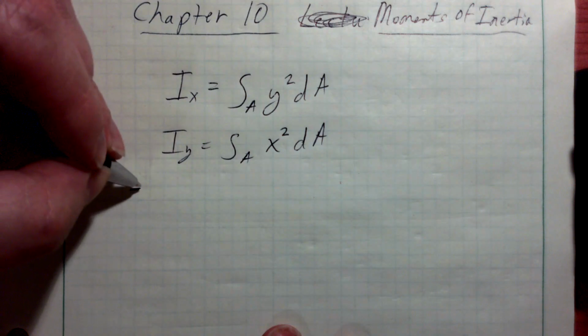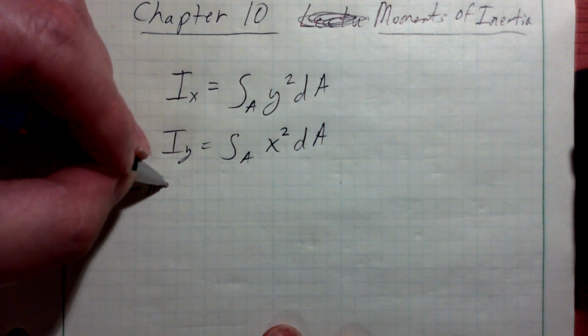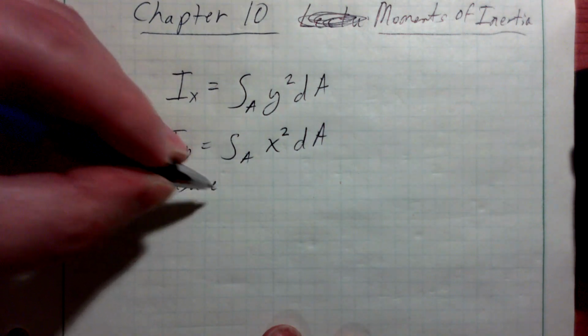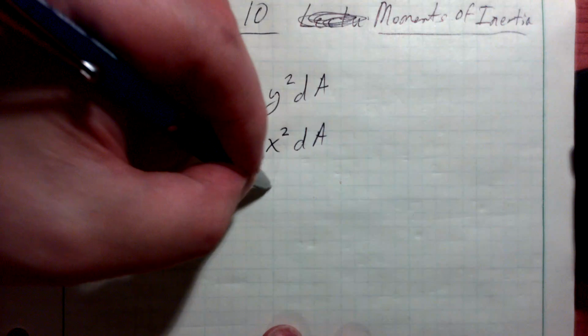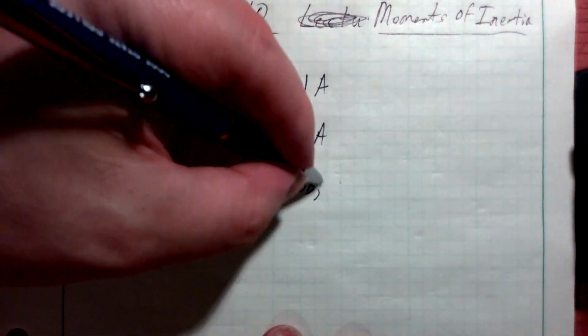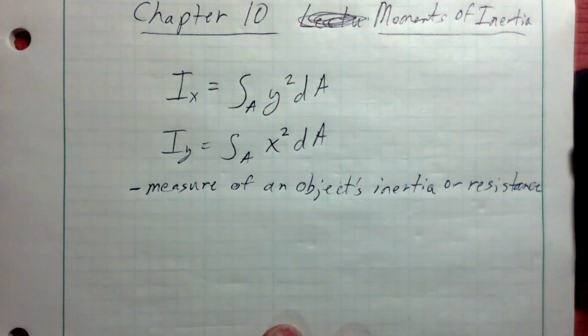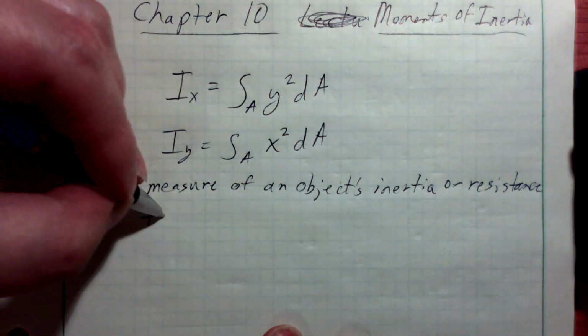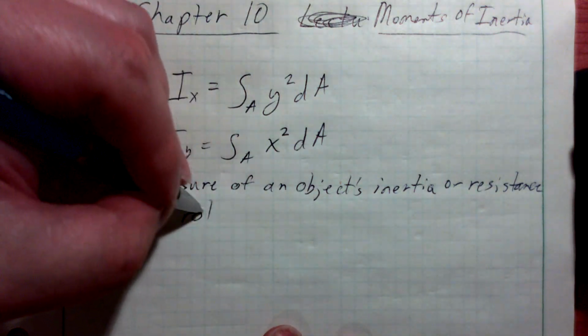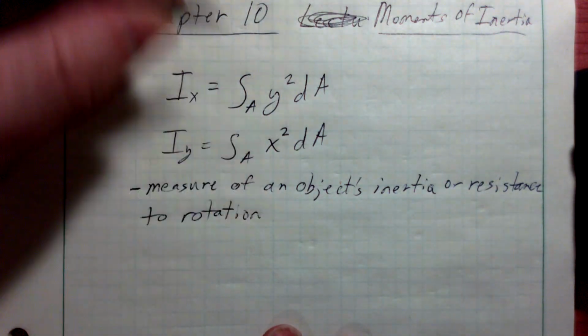It represents inertia. It represents a measure of an object's inertia or resistance to rotation. That's kind of the simplest way to think about it.